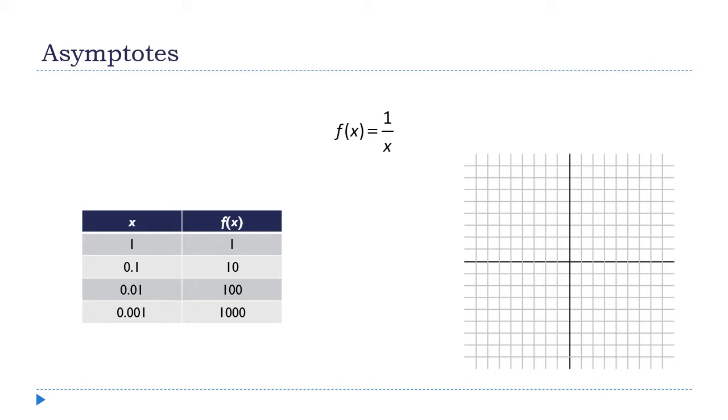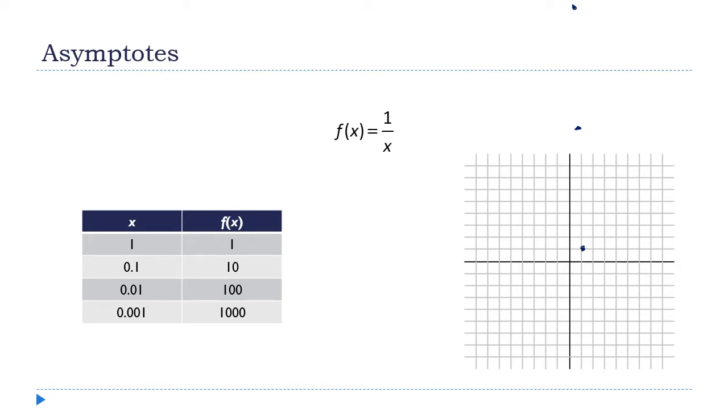And if I try to graph these, what happens? Well, I run into trouble really fast because the numbers get big. When x is equal to 1, y is equal to 1. When x is equal to 1/10, f of x is 10. That's already up off of my graph. When x is 0.001, now it's off the whole page.